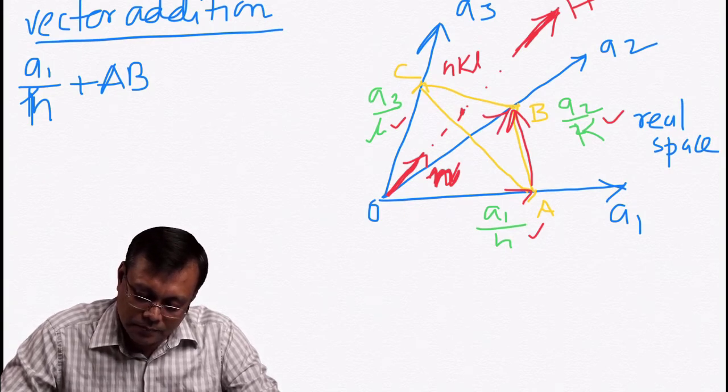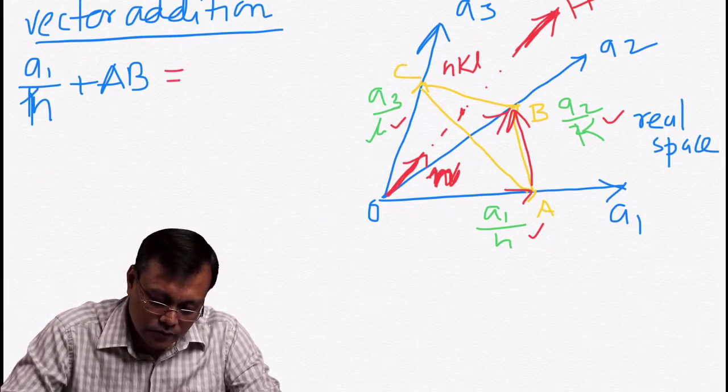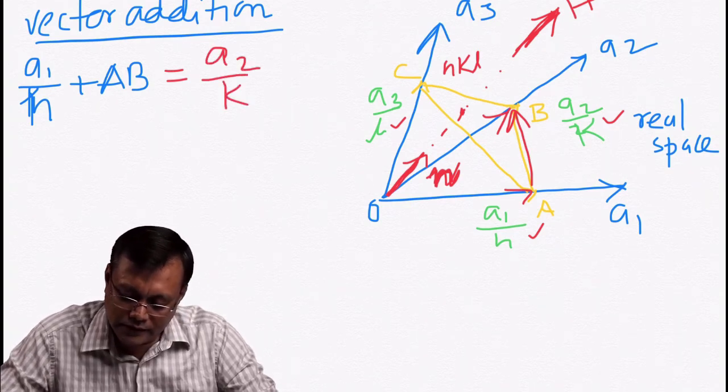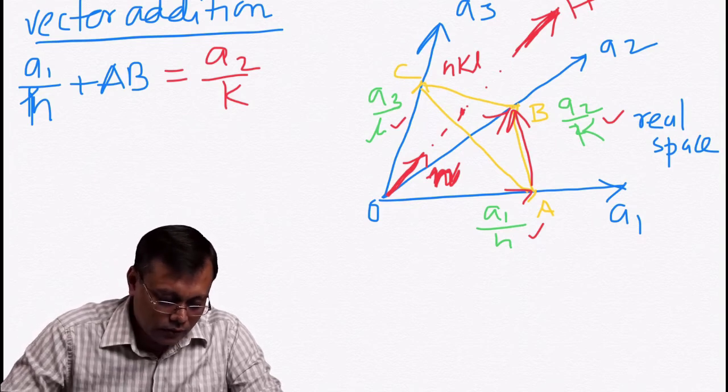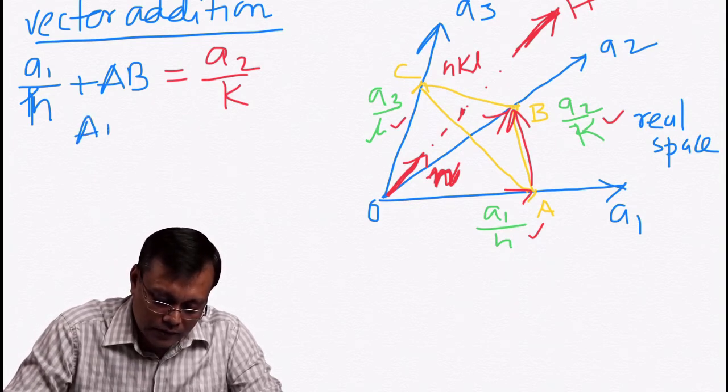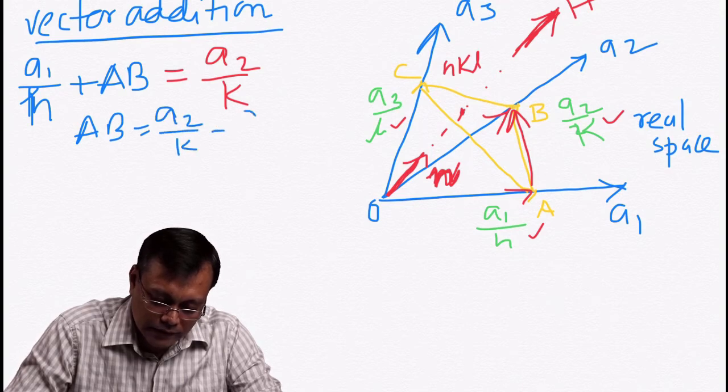A1 by H plus the AB vector is equal to A2 by K. No problem with that. So now AB is equal to A2 by K minus A1 by H.